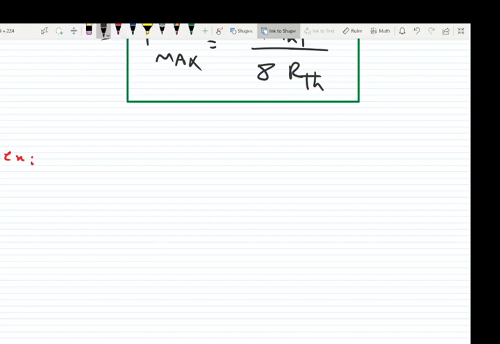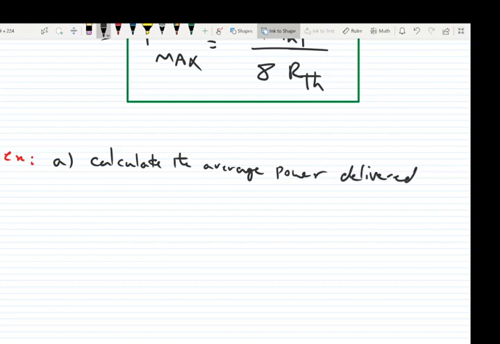Part A, calculate the average power delivered to the load if ZL is equal to 200 ohms.